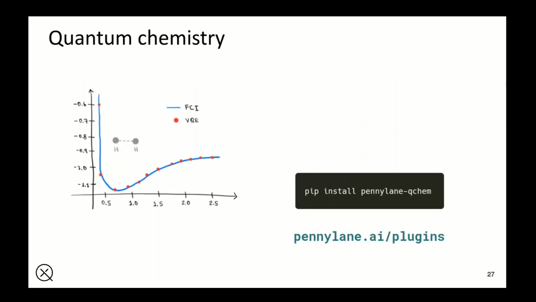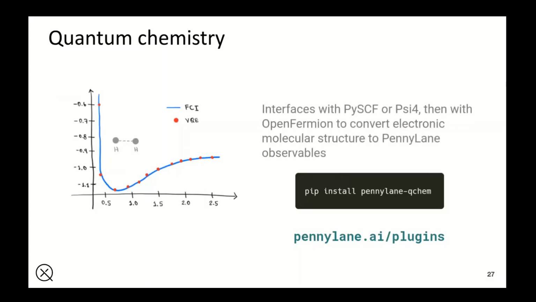Next to the basic capabilities that we offer in PennyLane, we also have a quantum chemistry subpackage that can be installed using pip. This quantum chemistry subpackage is great to convert between electronic molecular structures and PennyLane observables. Now, this subpackage uses other packages such as Psi4 and PySCF, and we have also seen that this is at times a limiting factor.